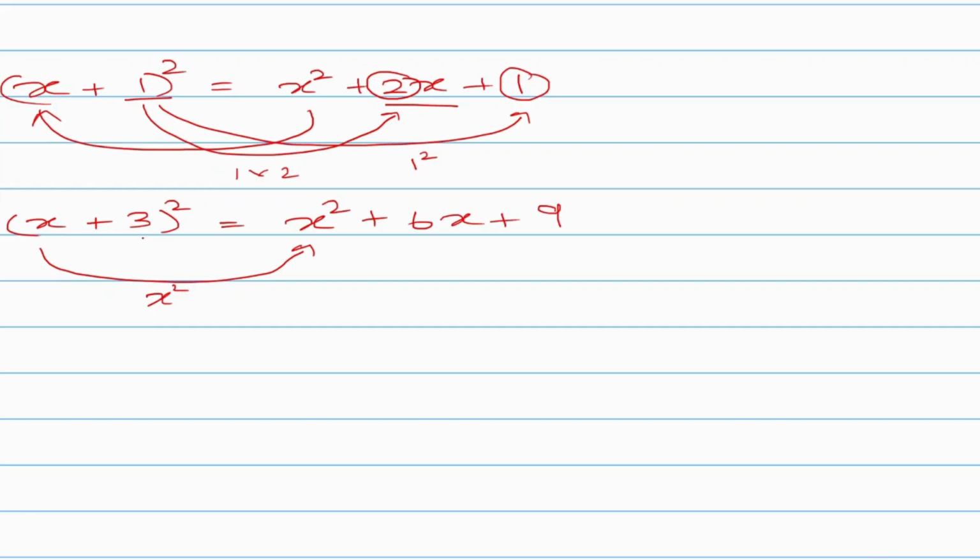And here, this value, 3, we get twice of that as the coefficient of x when you expand this. So you get 3 into 2, and that's 6. And then this term is simply the square of this 3, since 3 squared is equal to 9.